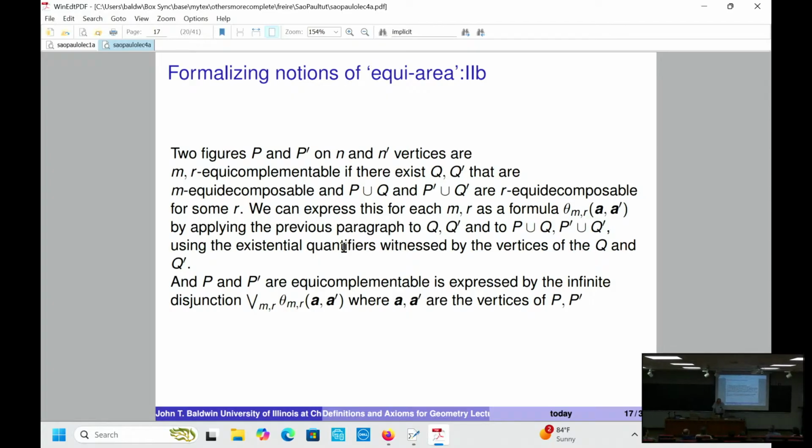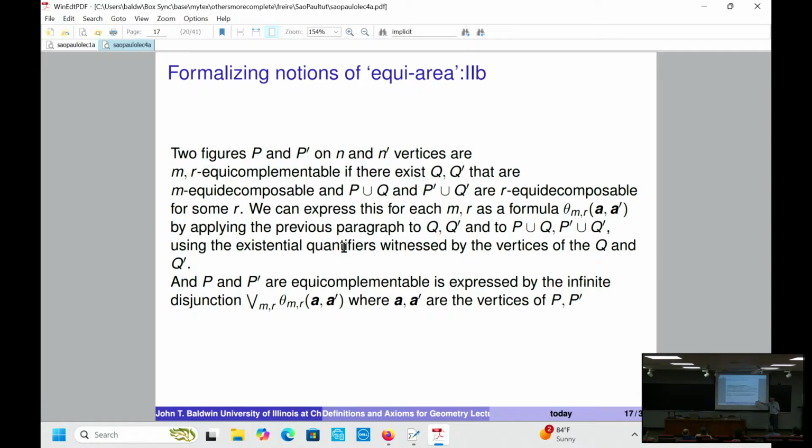Then they're MR equicomplementable if you can find, for each M and R, you get an M things that will handle the first half of what I did before, and then the R is telling you about the P and Q. So the M and the R are the two sizes of decompositions that I have to put together.